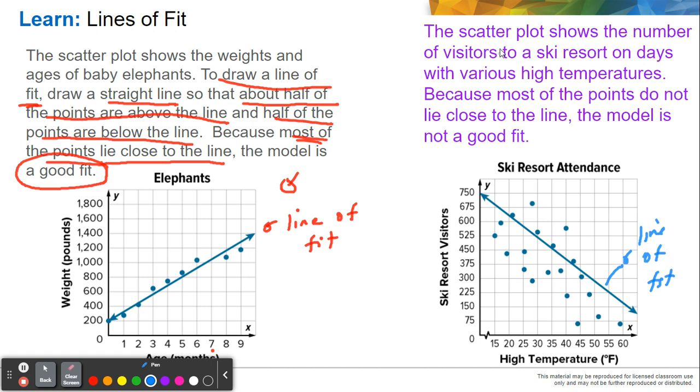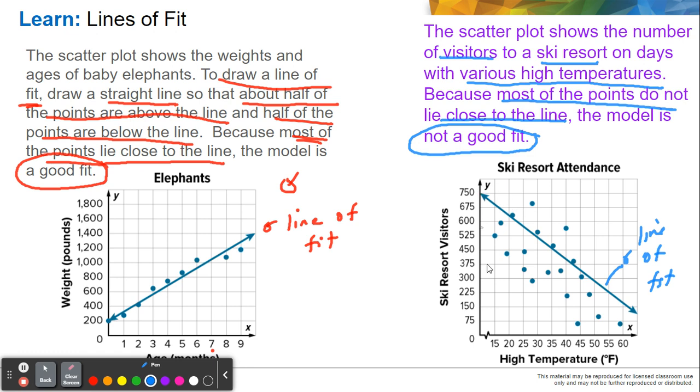For this example, the scatter plot shows the number of visitors to a ski resort on days with various high temperatures. As we draw the line of fit, you can see that most of the points do not lie close to the line. Then this model is not a good fit. It has a weak linear association.